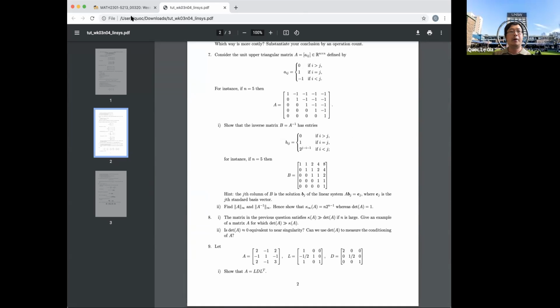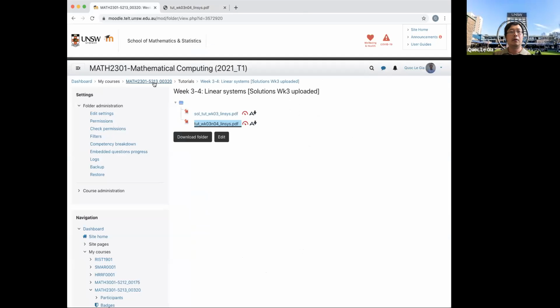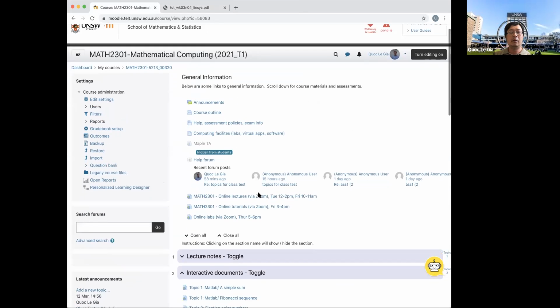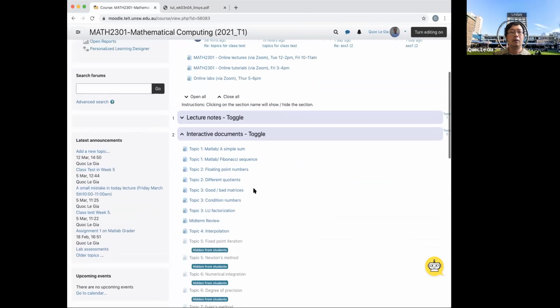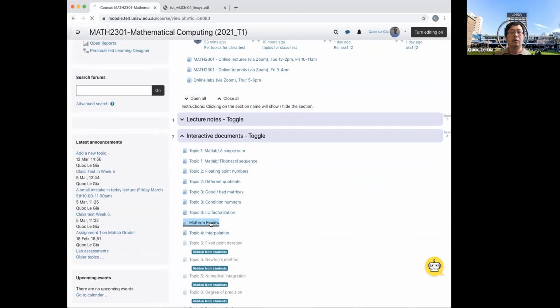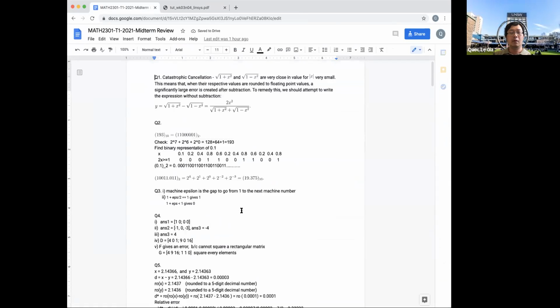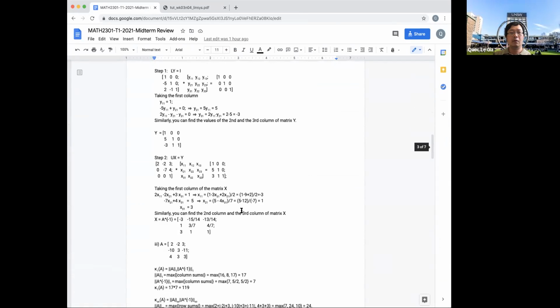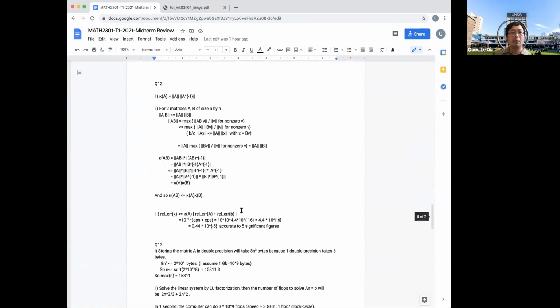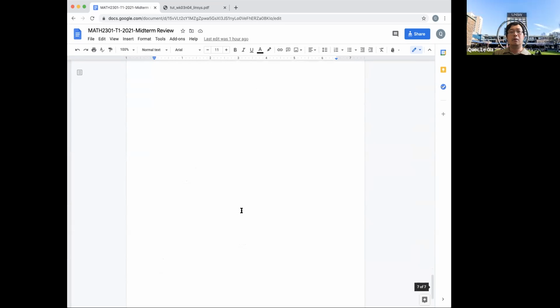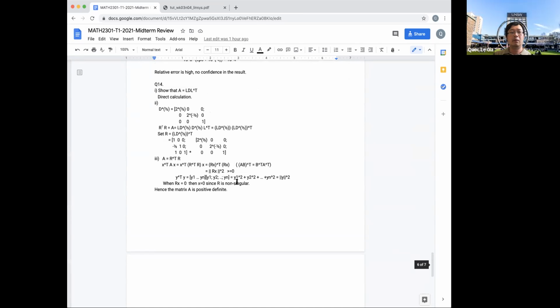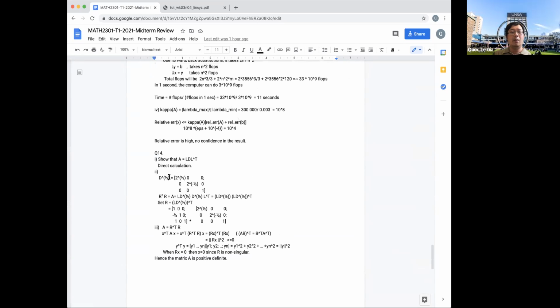So if I go to the practice, part 1, we can show A equals LDL transpose by direct calculation.